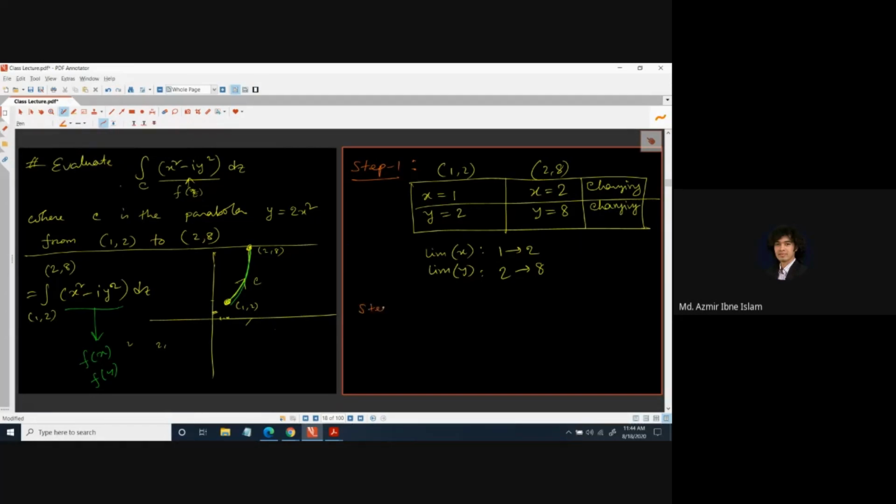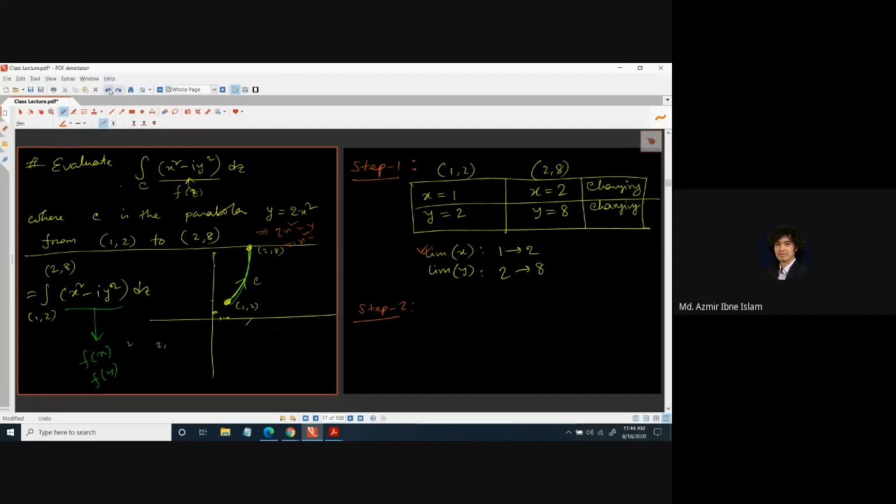So let's try to find dz, but at first be sure with which variable you are going to integrate, x or y. It's up to you. But if we take x equal to 1 to 2, then integration will become easy. If we take y, then 2x squared equal to y, so x squared equal to y by 2, then x equal to plus minus root over y by 2. So things will be complicated. So it's wise to use x in this case.